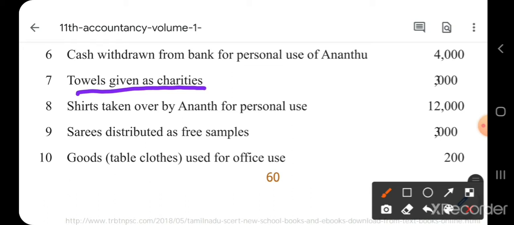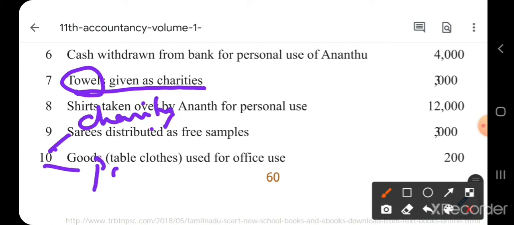That means these towels, no, it is the stock. Out of the stock only they are going to give it as charity. Stock, how will you take it, as purchases, isn't it? So when you purchase something, out of that purchase only you are going to give it as charity. So what are the two accounts involved here? Charities account and purchase account.